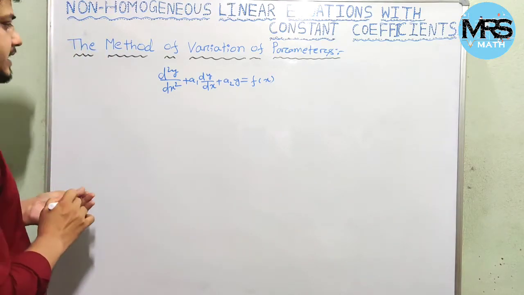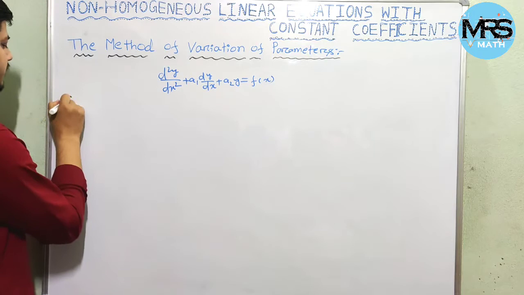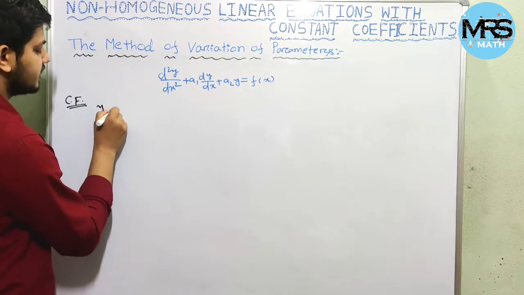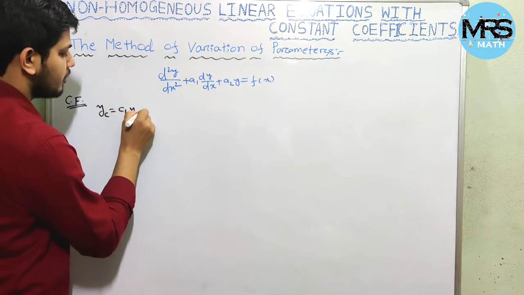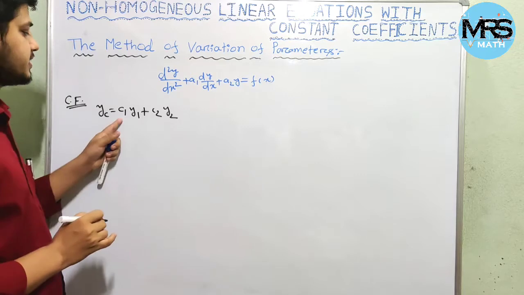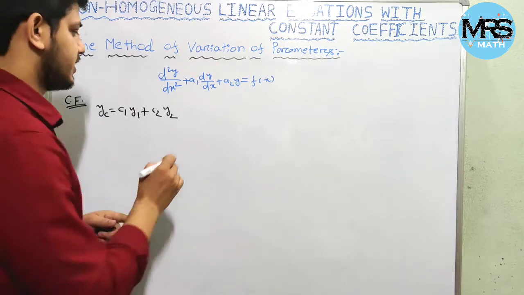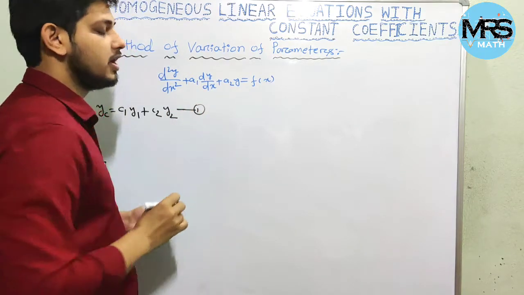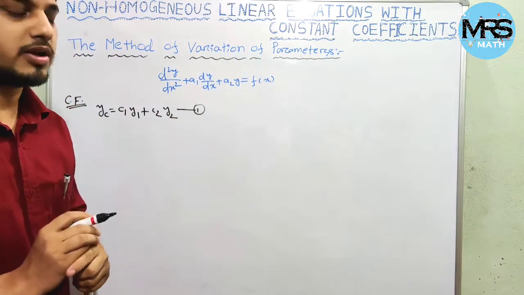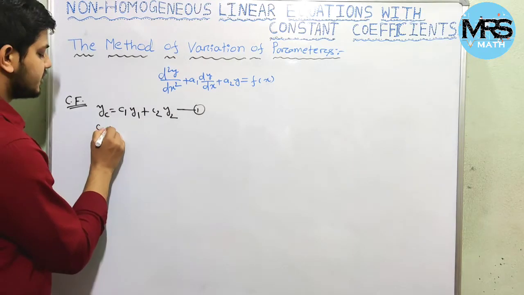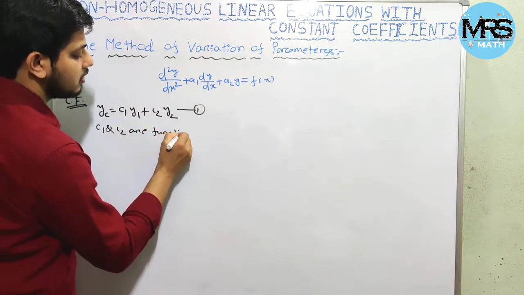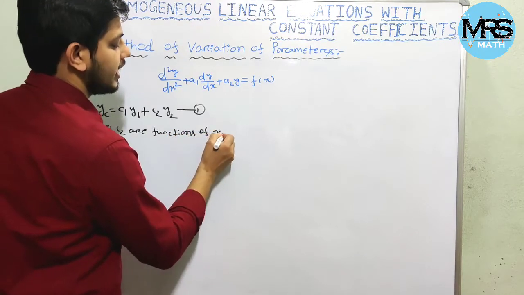So let us consider the complementary function for this equation as yc equal to c1 y1 plus c2 y2, where c1, c2 are constants, right? But to apply the variation of parameters method, we have to assume that c1 and c2 are functions of x.